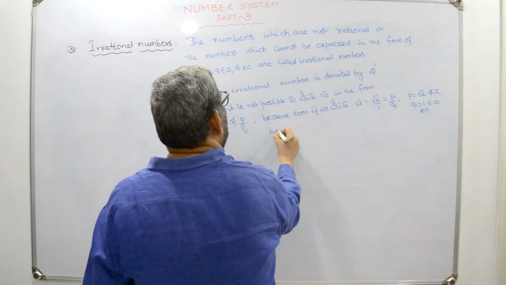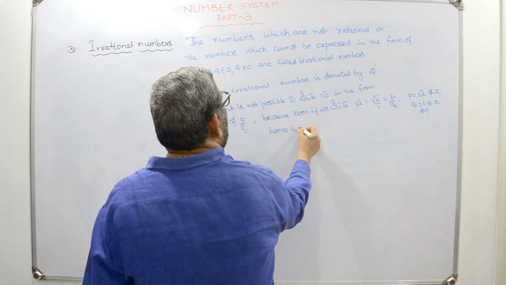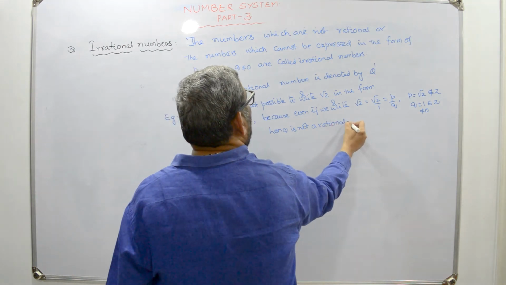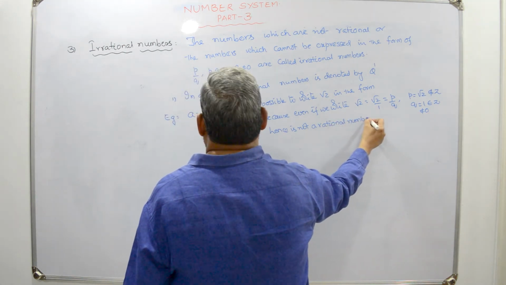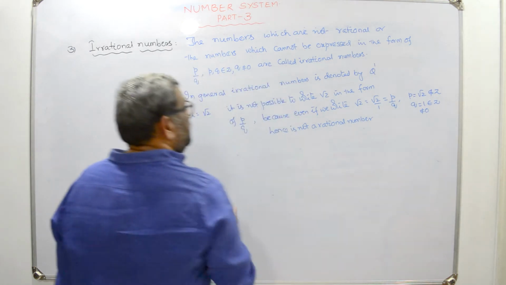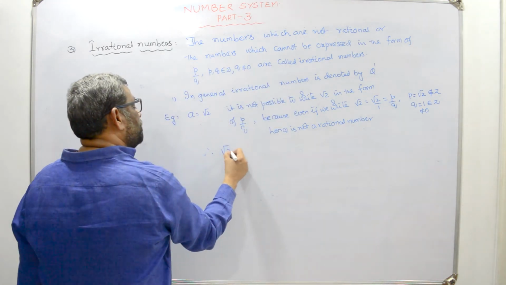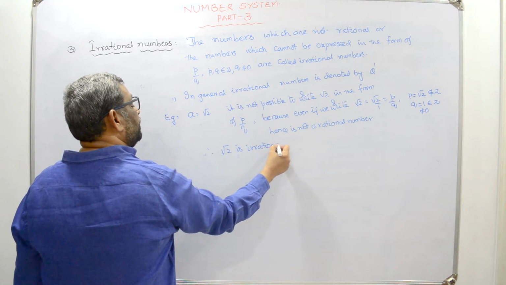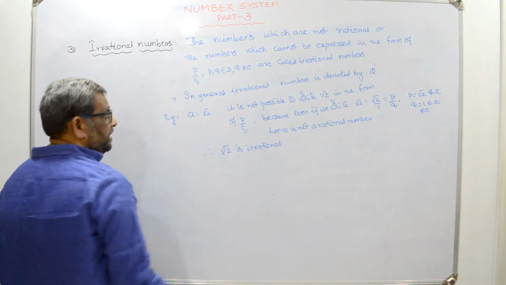Hence root 2 is not a rational number. Therefore, root 2 is irrational.